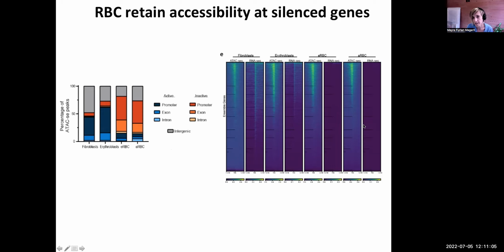And we confirm this here by plotting the actual signal of both the accessibility and the RNA. And you can very clearly see how here the accessibility is maintained, but the transcription is decreased very robustly, in contrast to the fibroblast and the erythroblast.